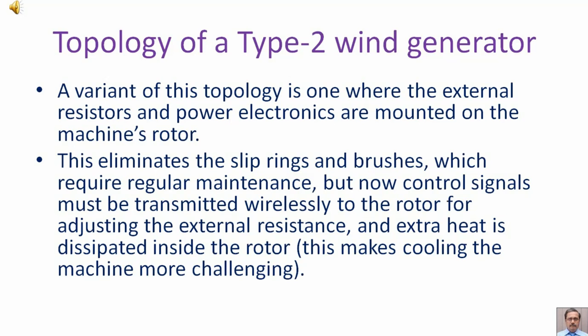But now, control signals must be transmitted wirelessly to the rotor for adjusting the external resistance, and extra heat is dissipated inside the rotor. This makes cooling the machine more challenging.